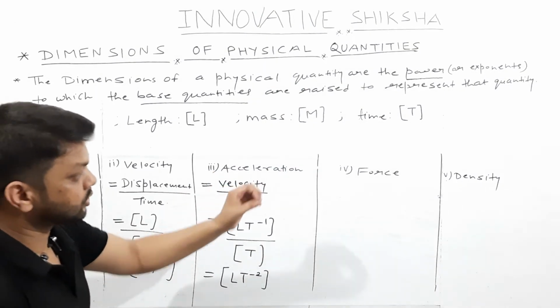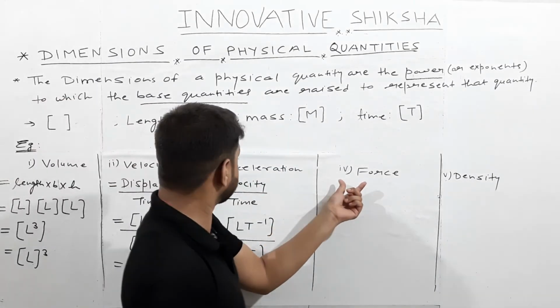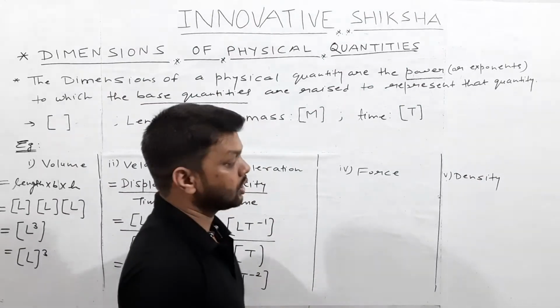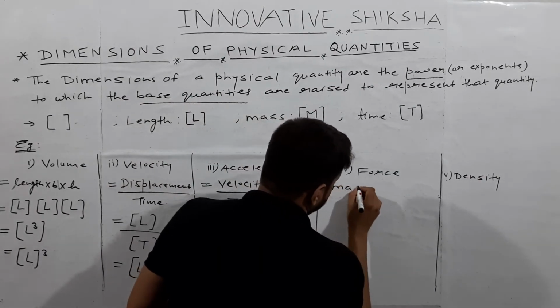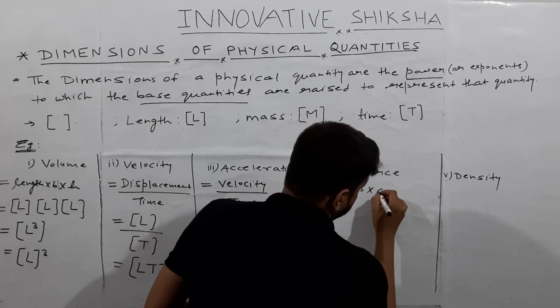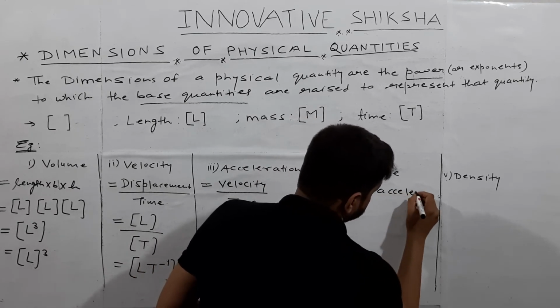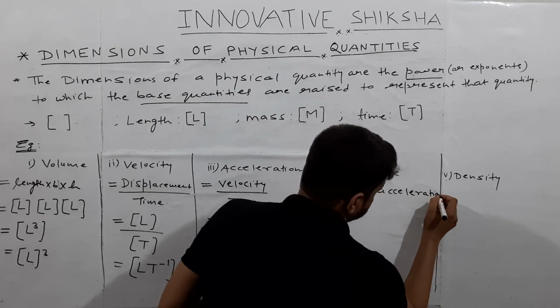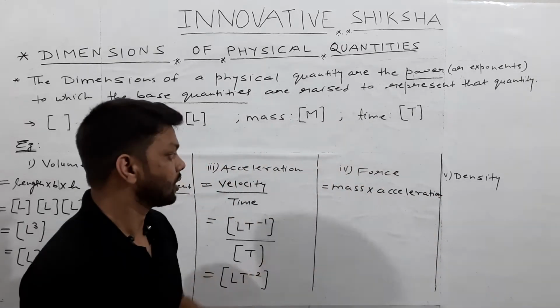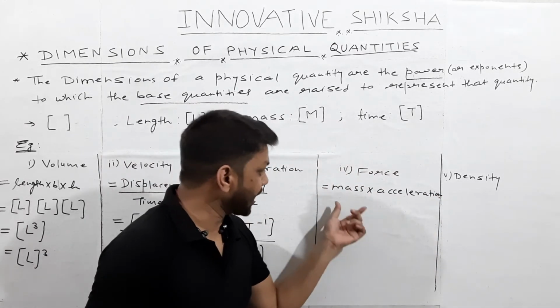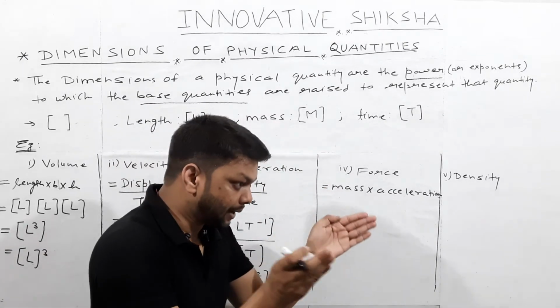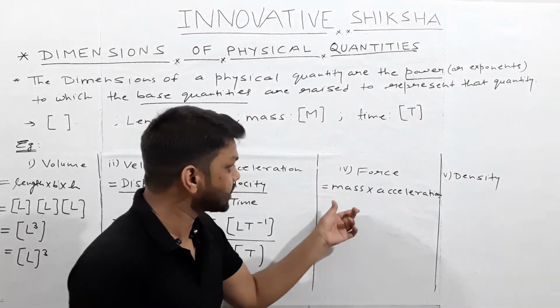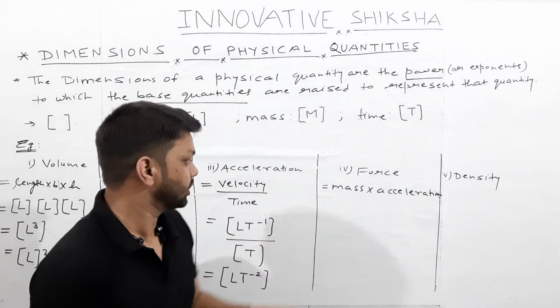Okay, so let us come to the next one. The next is force. What is force? As you know, force is mass into acceleration, right? So this is how we represent force, mass into acceleration. So we have to write the dimension of mass as well as acceleration and multiply these two quantities, we will get the dimension of force, right?